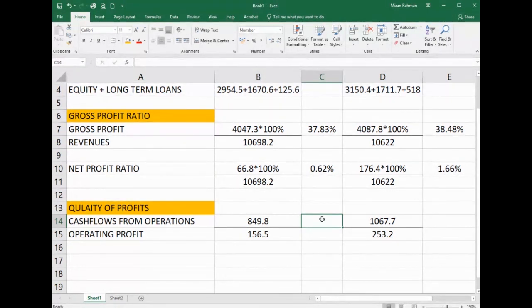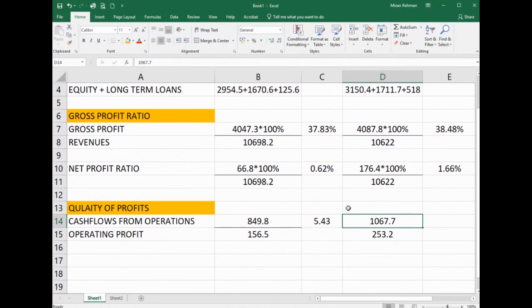This ratio is normally said in times. So what is their cash flow in comparison to their operating profit? And in simple terms, this would be 5 times. So if they're making a profit of 100, their cash is 500.